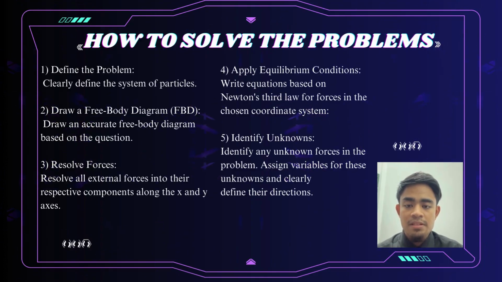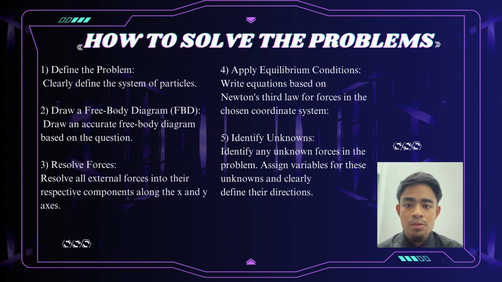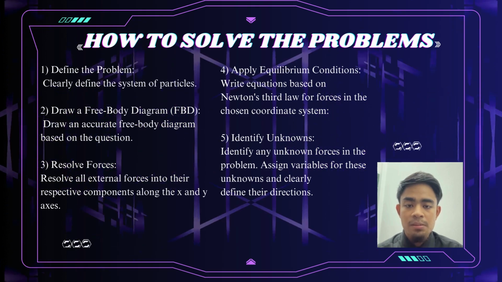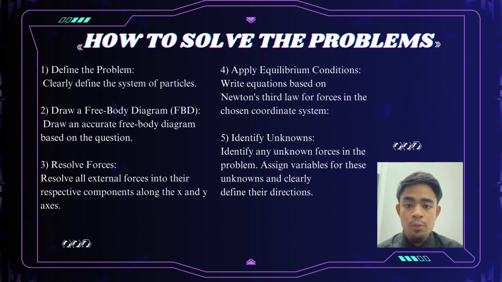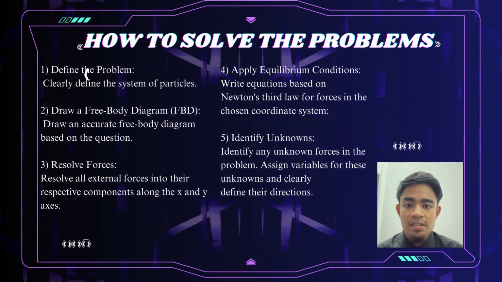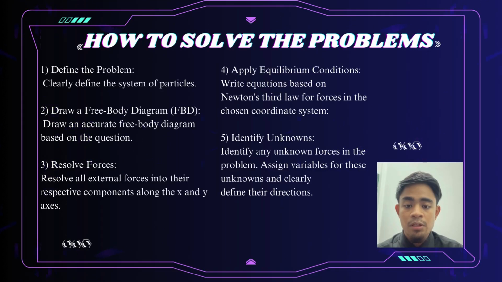The next step is applying the equilibrium. We need to write an equation based on the equilibrium for the forces in the chosen coordinate system, which is Fy, Fx, and the moment.